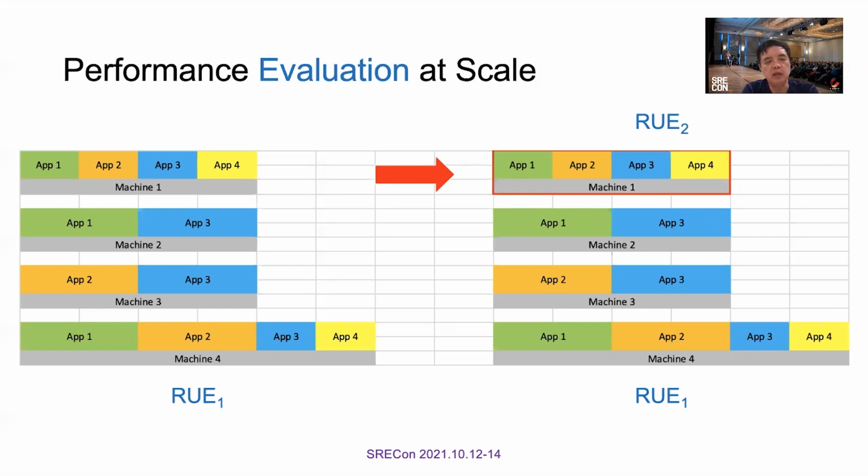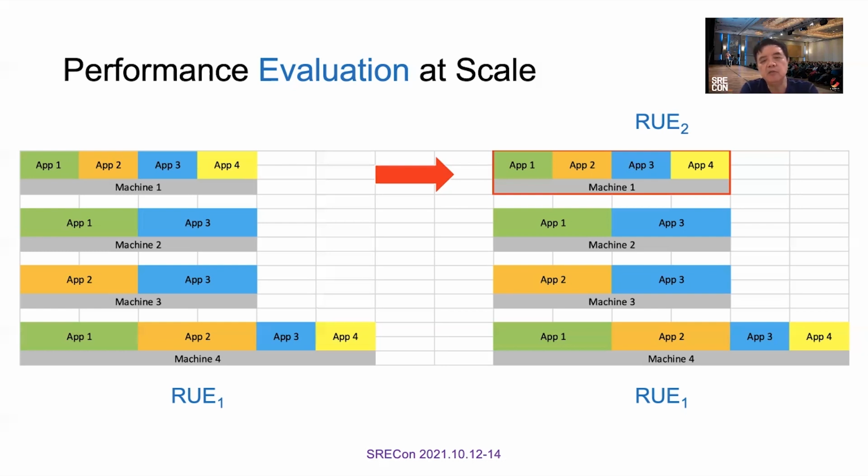Some of the machines have more resources, like machine 4. Some of the machines have less resources, like machines 1, 2, and 3. Sometimes the application may need more resources, like app 3 running on machines 2 and 3. Sometimes they can use fewer resources, like app 2 running on machine 1.